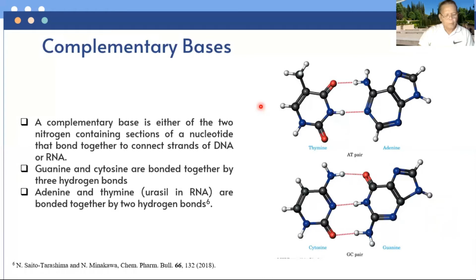Nucleotides are made of a sugar molecule, phosphoric acid, and a base. In chemistry, the word base refers to a chemical that will give or receive an electron or proton, and the two partner bases that share with each other in the nucleotides of DNA and RNA are called complementary bases.